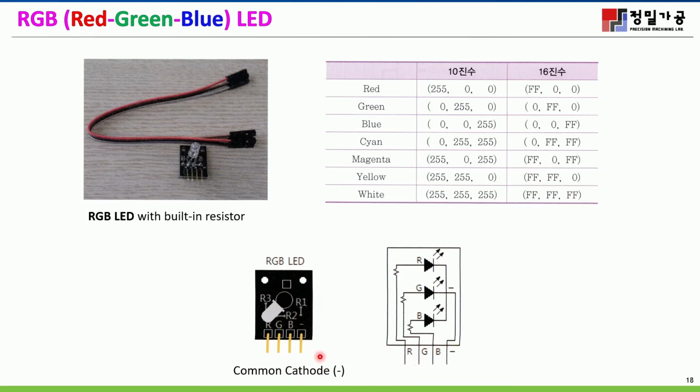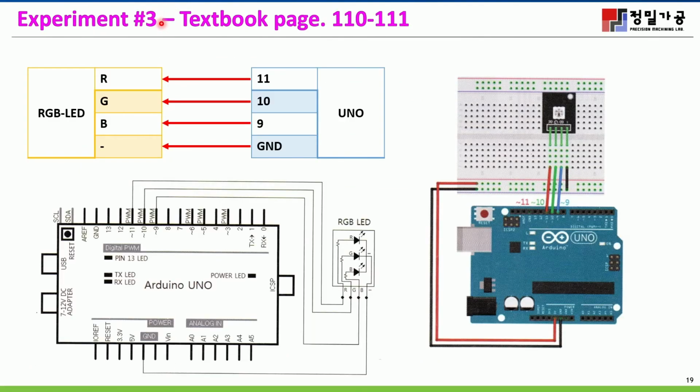This one is the schematic of the RGB LED common cathode, so you just connect the ground to the negative. In the third experiment, textbook pages 110 and 111, it is the same: RGB LED, red, green, blue, negative connected to ground.